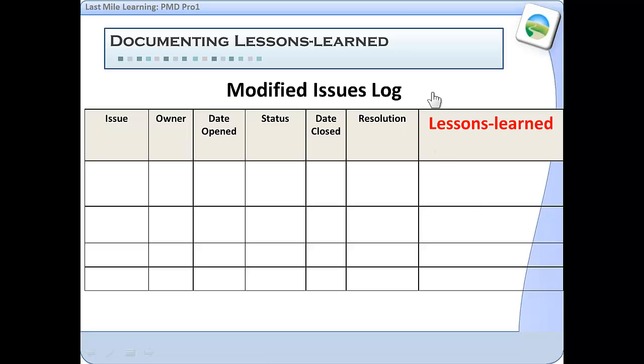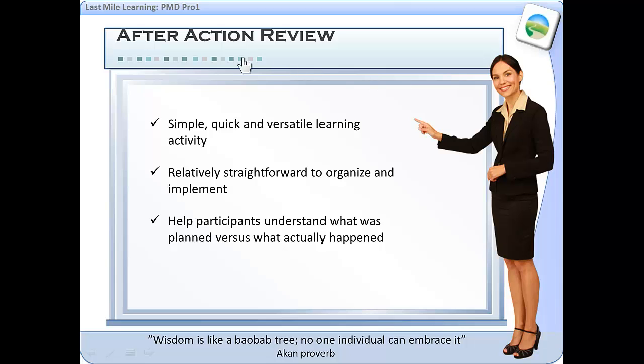That could be a very effective way of incorporating lessons learned, and then at the end of the project, of course, you'll be able to review those through what's called an after-action review. An after-action review is a simple, quick, and versatile learning activity, relatively straightforward, and it helps participants to understand what was planned versus what actually happened. So it's not a full-fledged evaluation.